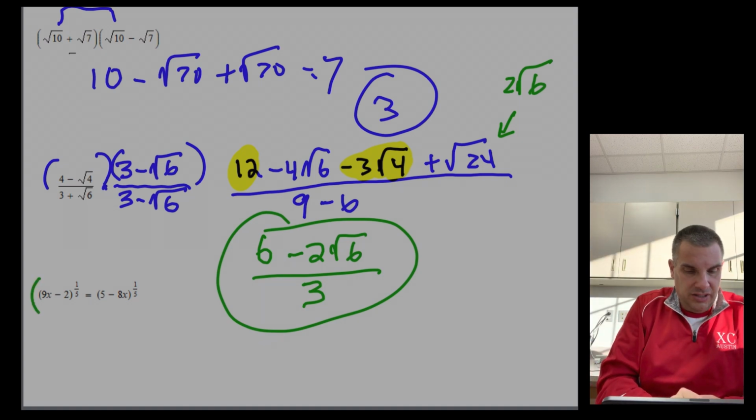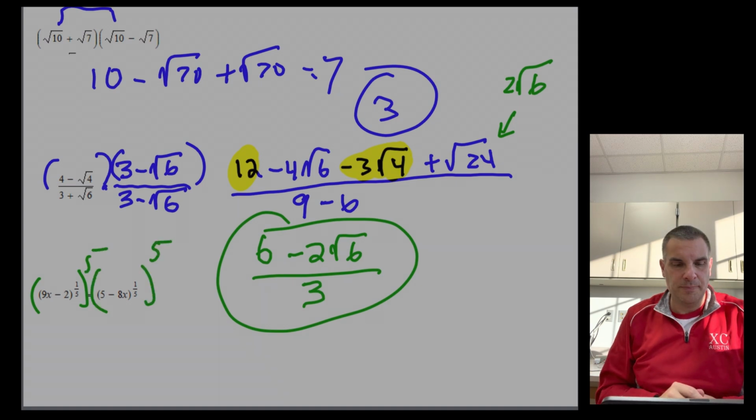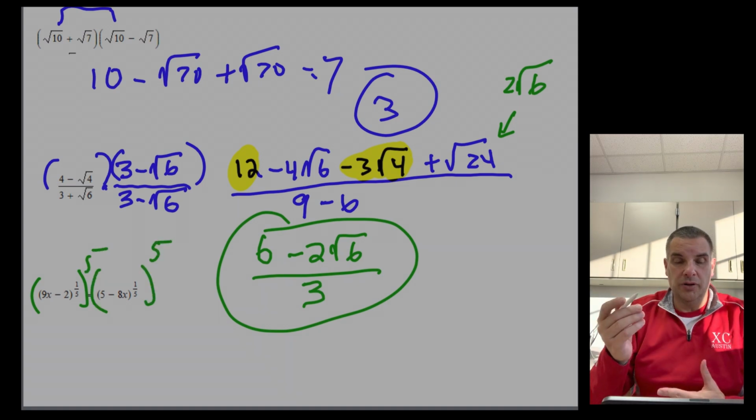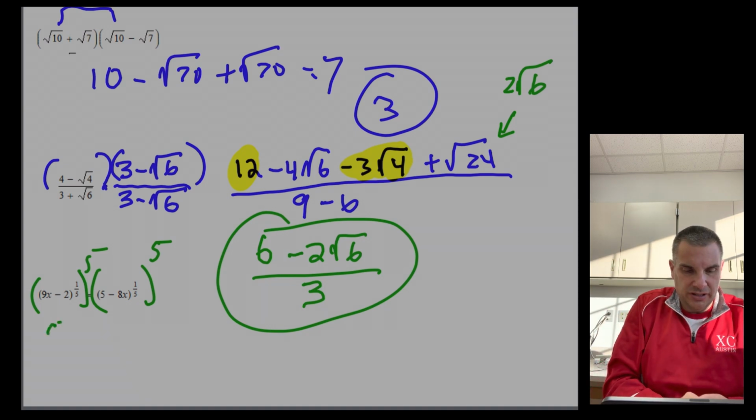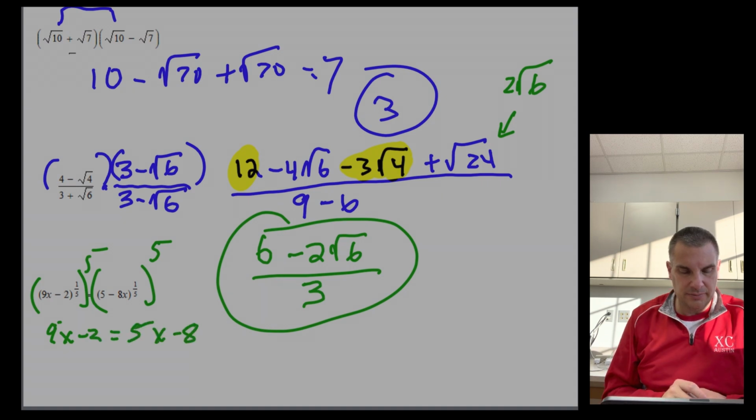So we're going to take each of these to the 5th. As you go power to power, you multiply. So 1/5 times 5 is 1, so everything goes away, and you're just left with 9x minus 2 equals 5 minus 8x. And then you go ahead and simplify that.